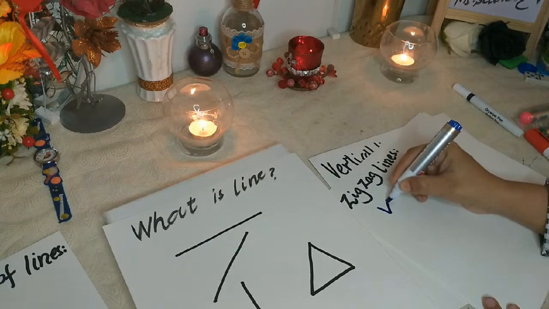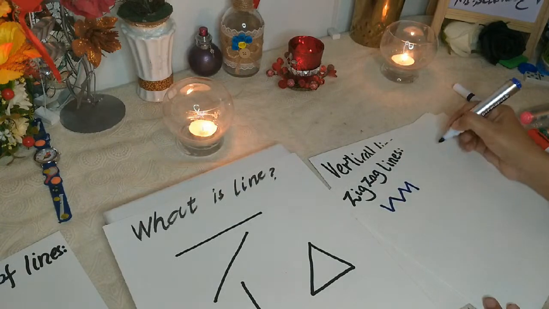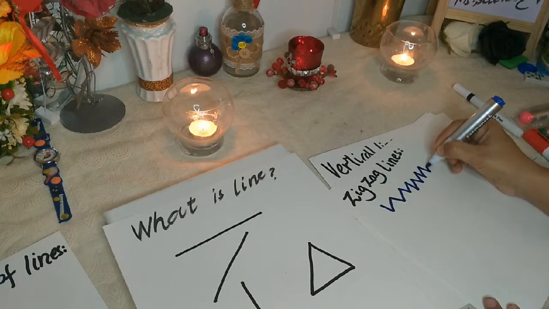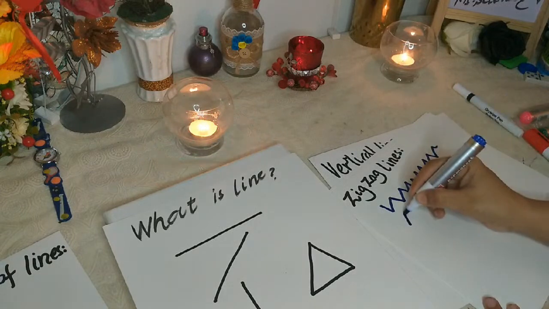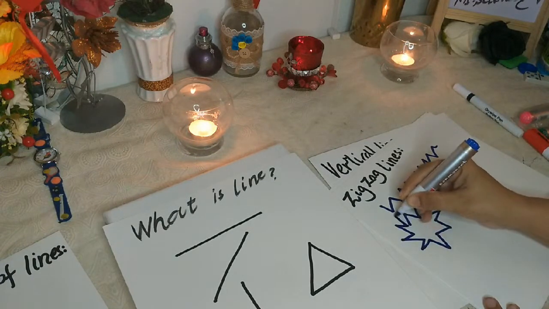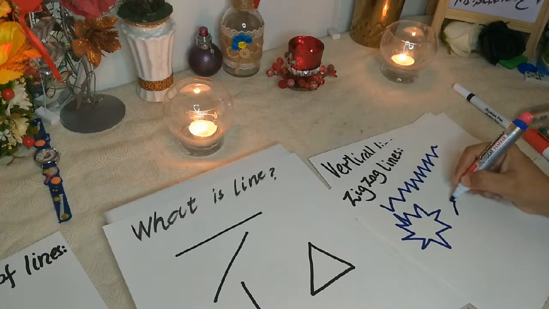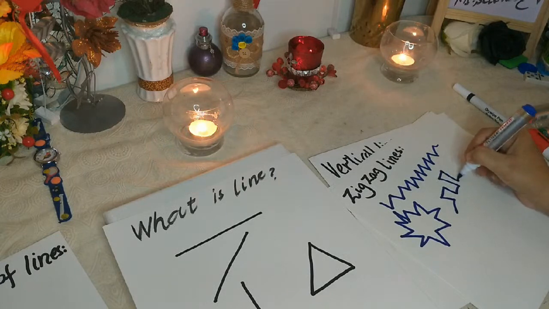You can see that I draw this diagonal line, it can be straight like this, it can be in a circular form, it can be in any direction.